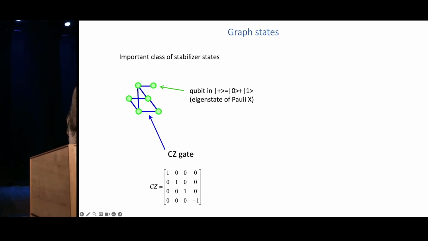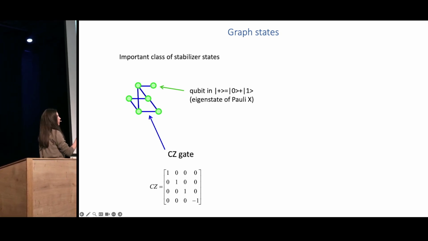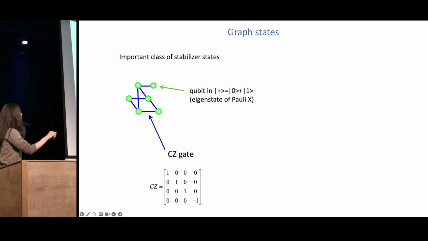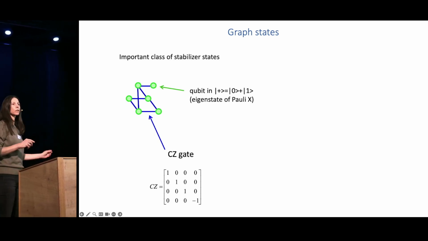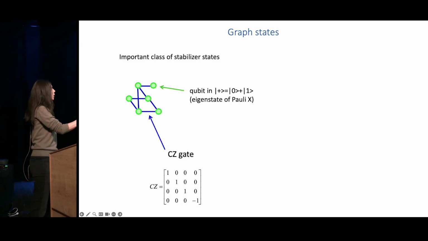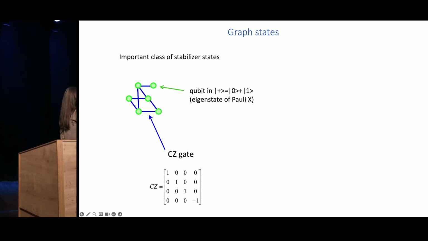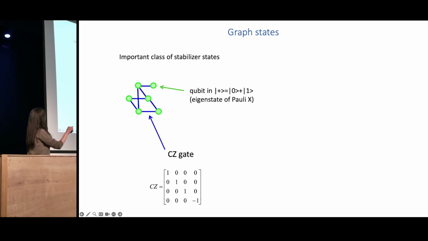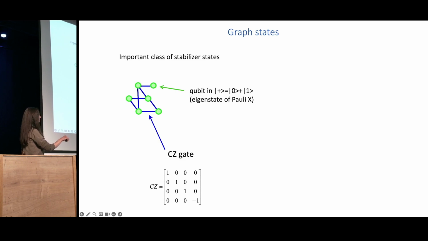Every node in the graph is a qubit, and every edge corresponds to an entangling gate. So if someone gives you a graph, you can very easily write down the state by putting every qubit in the state plus. This is unnormalized, you need to normalize it. And for every line you see, you do a CZ gate, which is, of course, this entangling gate over here.